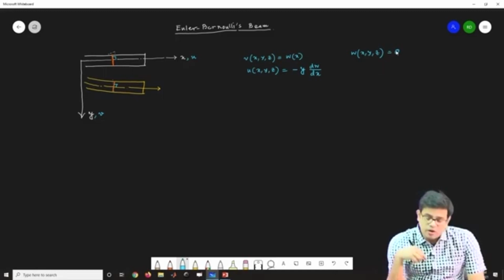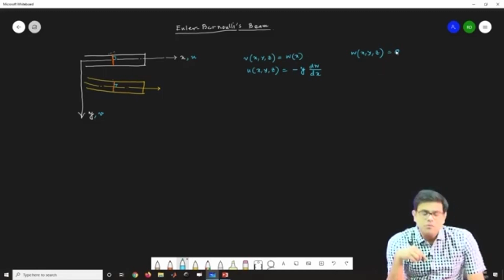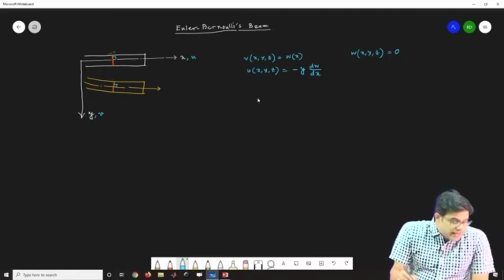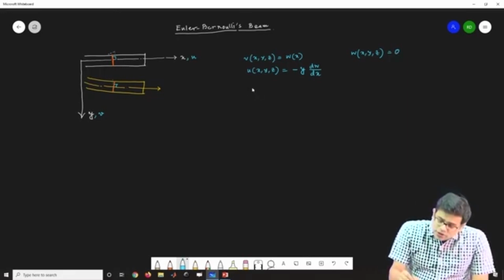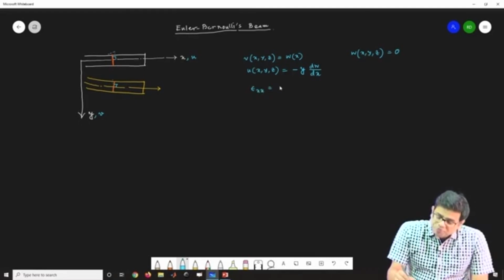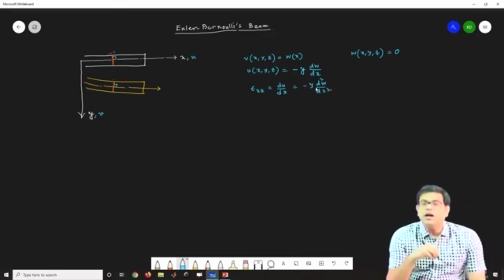Now if you assume this kinematic assumption, then we get the strains. The strain component epsilon xx is du/dx, so naturally this becomes minus y d2w/dx2, and d2w/dx2 is nothing but the curvature.